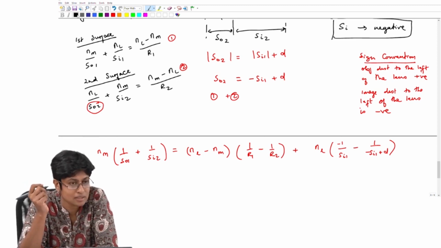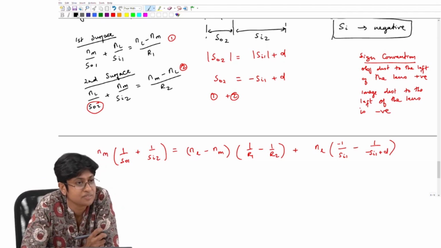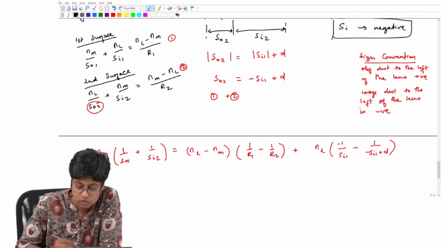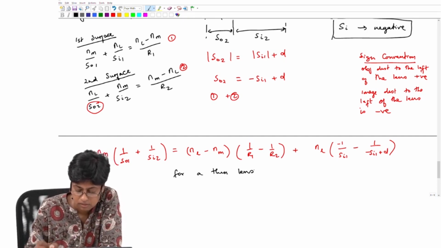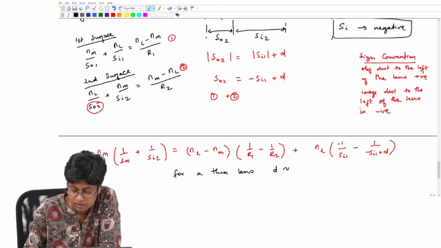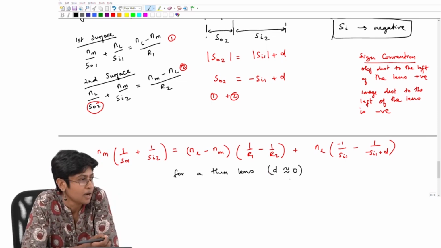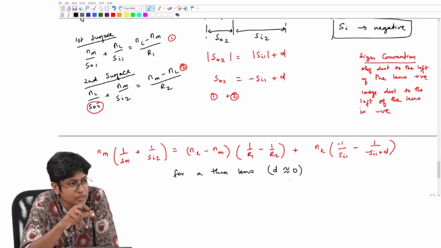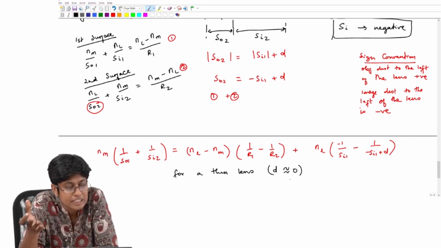Now, to make this a little more useful immediately, let's make an assumption that the lens we are dealing with is a very thin lens. So, for a thin lens, in other words, the thickness D is 0. Why is it valid to make this? Even in the morning class, I talked about geometric optics as being the regime where we consider lambda to be 0.